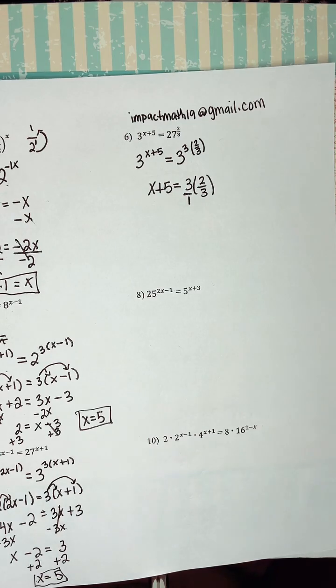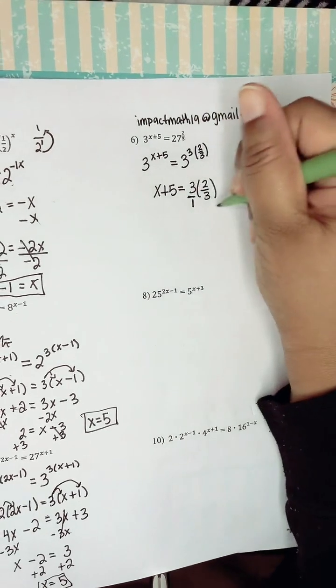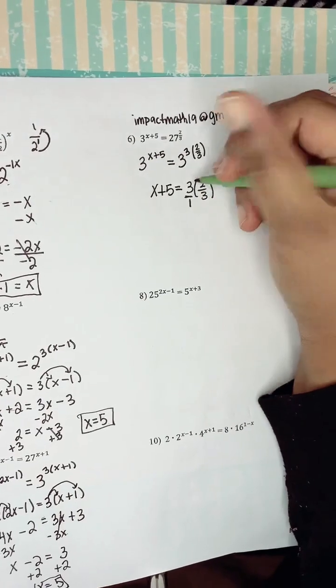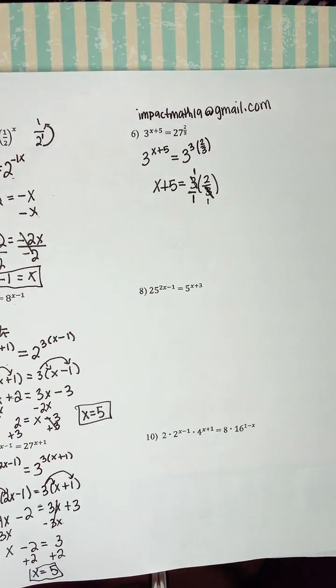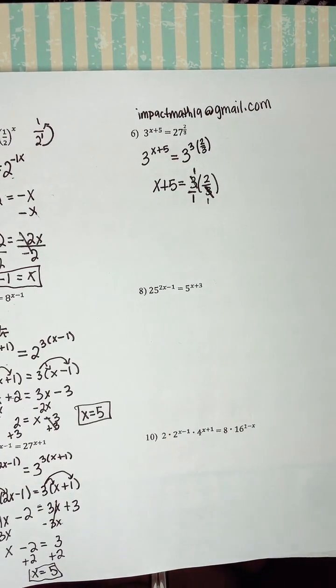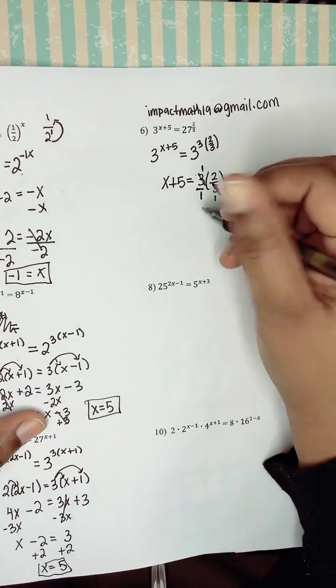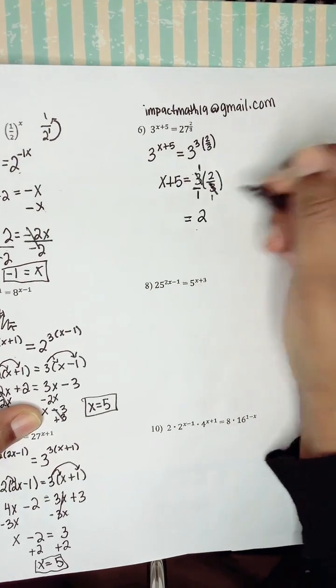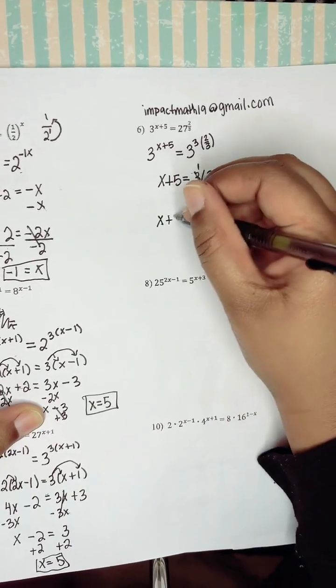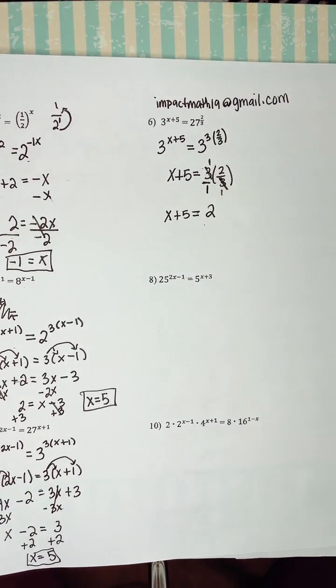This really helps if you can start seeing it in this simpler form. So 3 over 3 goes to a 1. And then we have 1 times 2 is 2, and 1 times 1 is just 1. So we're just going to leave that as 2. And then x plus 5 equals 2.